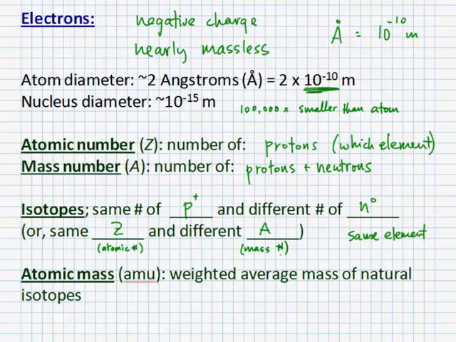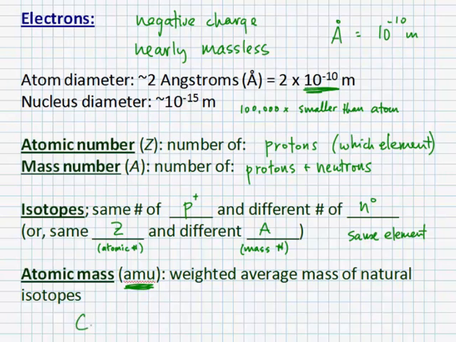So atomic mass, please don't confuse that with mass number. Atomic mass is an actual measurement measured with the mass spectrometer. It's the weighted average mass in atomic mass units, that's AMU, of any element's naturally occurring isotopes.